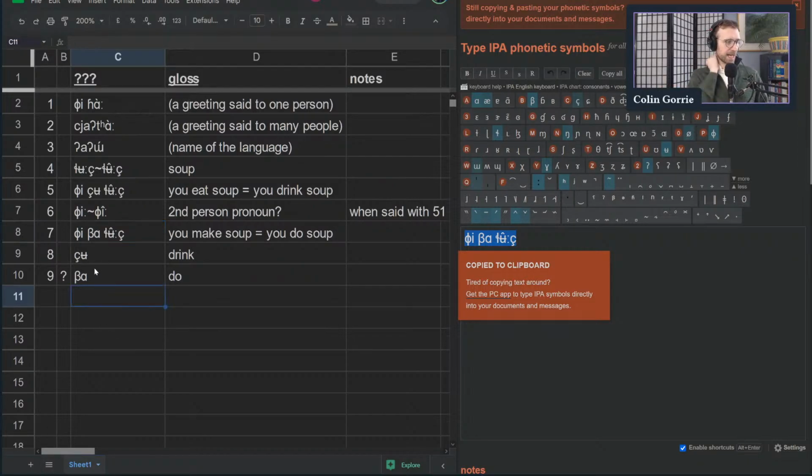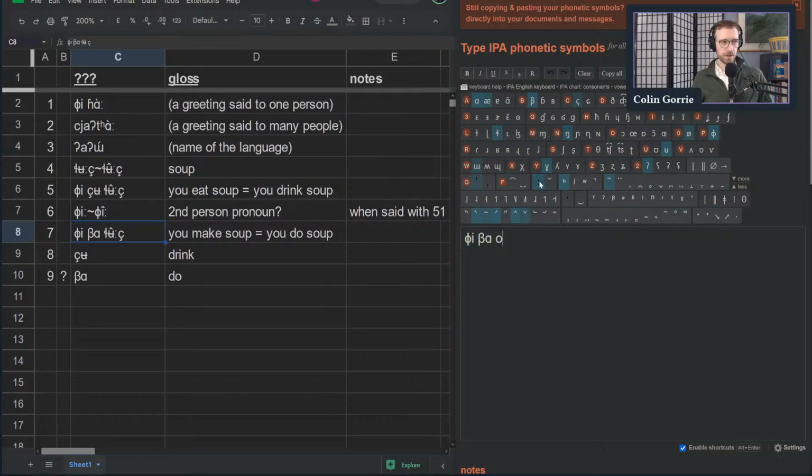Let's see if we can learn anything else about this. Quain, you can say "Phi ba lü," modulo my poor pronunciation. Can you say "Phi ba" anything else? Yeah, phi ba och.